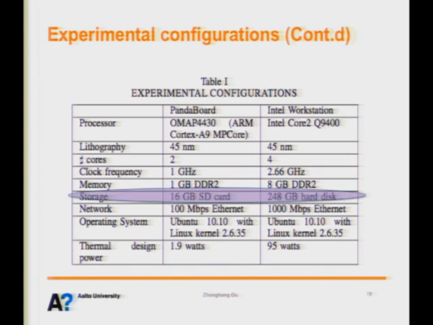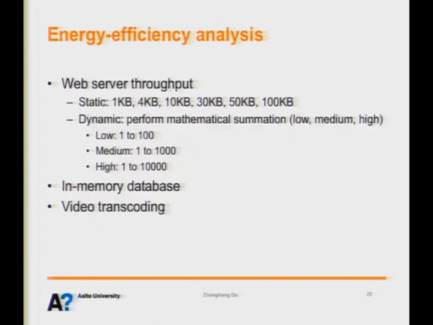But here is the difference: the Pandaboard and the Core processor use different storage, so we try to avoid applications which involve the hard disk. And here is also the network difference. The Pandaboard has 100 megabits per second Ethernet, but the Intel workstation has 1,000 megabits per second Ethernet.